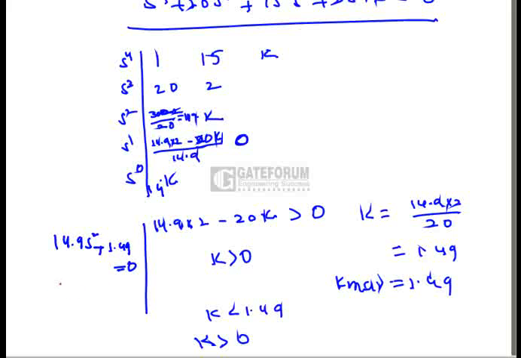If you solve this, because s^2 is nothing but minus omega^2, as s equals j omega. If you substitute here, we get 14.9 omega^2 = 1.49. So from this what we'll get is omega^2 = 1.49 / 14.9.